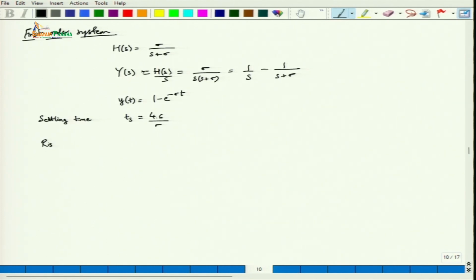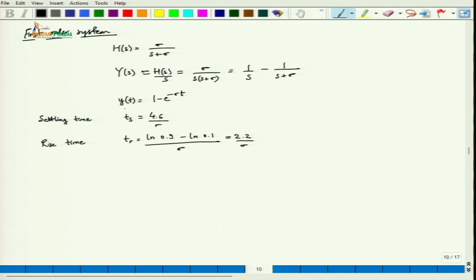The next criteria is the rise time. That will be natural log of 0.9 minus natural log of 0.1 divided by sigma, which is equal to 2.2 divided by sigma.